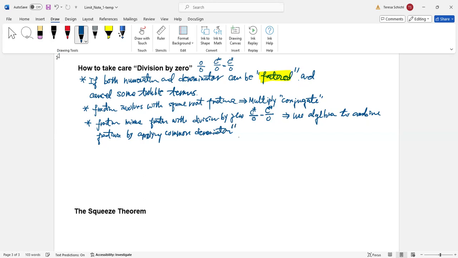After you combine, you may be able to factor and cancel some common terms, or maybe the next step is to multiply by the conjugate if square roots are involved. So these two skills we're going to learn today: how to handle a fraction involving square roots, and how to combine fractions. Let's go to our worksheets and take a look at some problems.